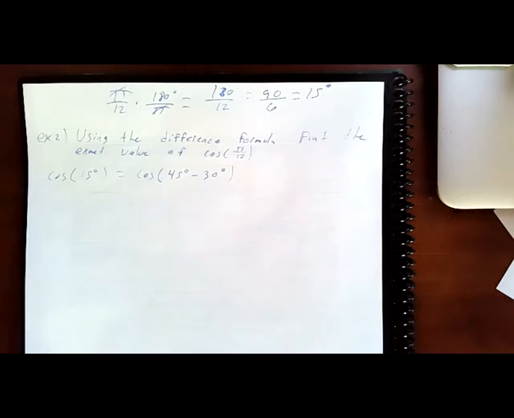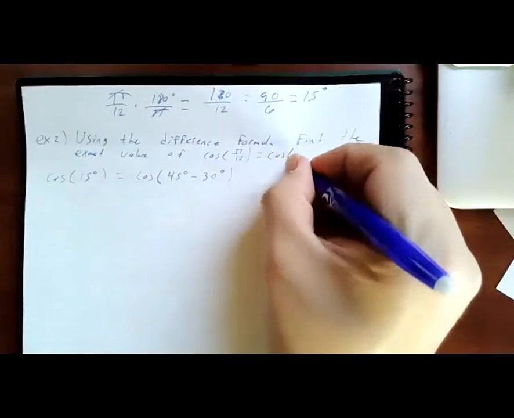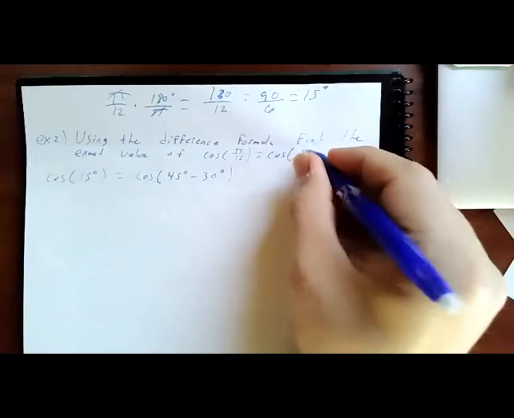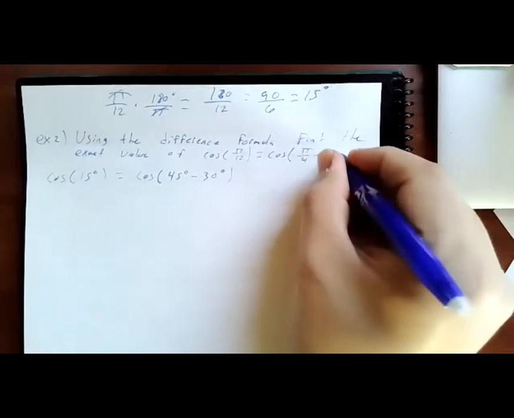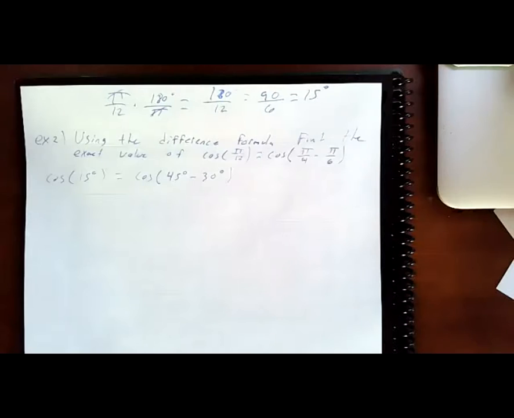Oh, that's much easier. Yeah, because if you would leave it this way, you'd have to say, oh yeah, I know what fractions those are. Those are clearly pi fourths minus pi sixths. That may not be clear. So yeah, I would recommend degrees if you don't want to deal with it. I won't judge you.